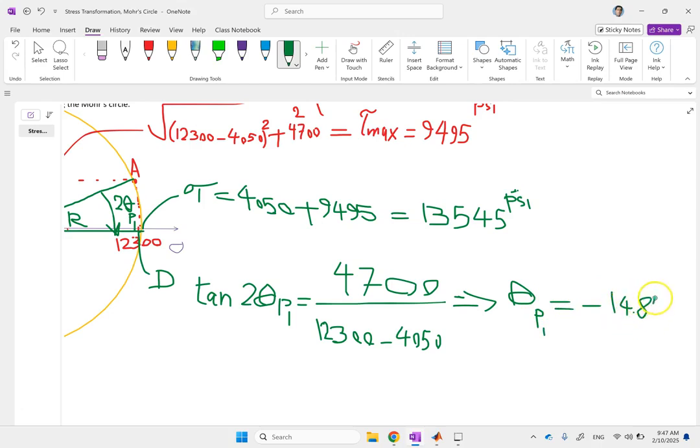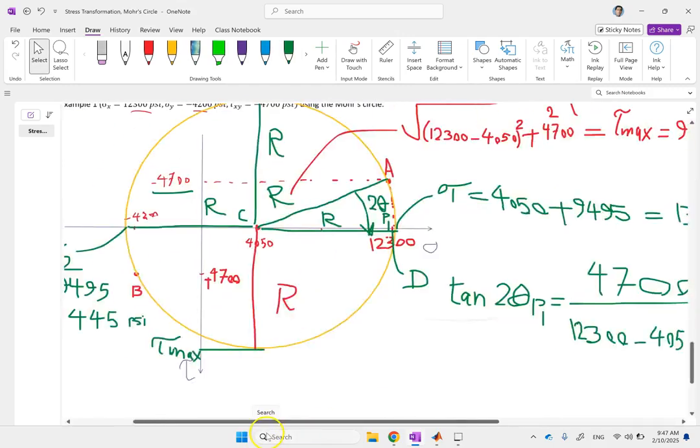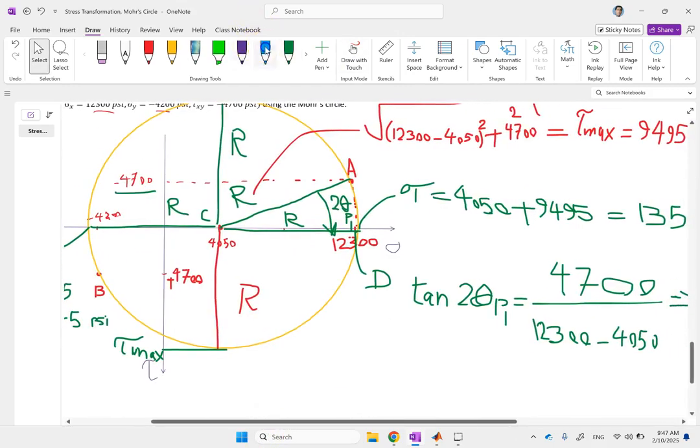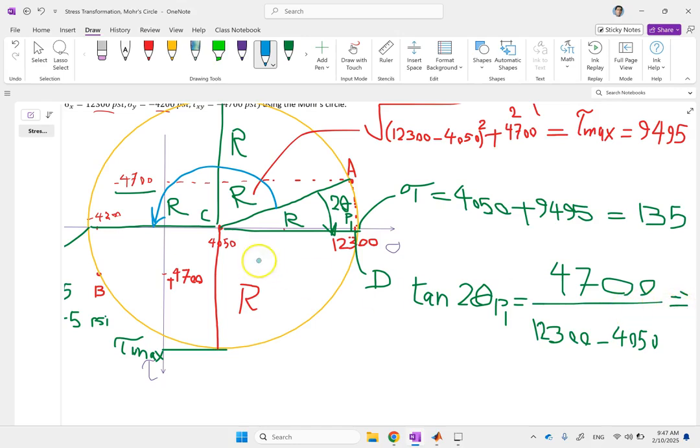And if you look at the other angle, theta p2, clearly that's the angle from A to the sigma 2 plane. So that is this angle here. And clearly the next angle is going to be 90 plus theta p1, and you see it's positive. If you want the angle to theta s1, that is the angle from A to the plane of tau max.